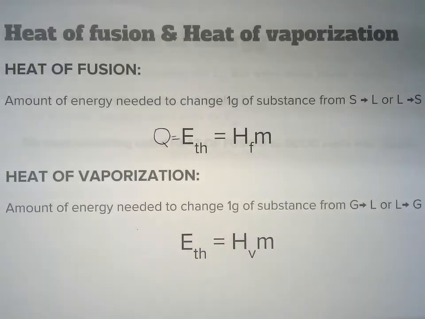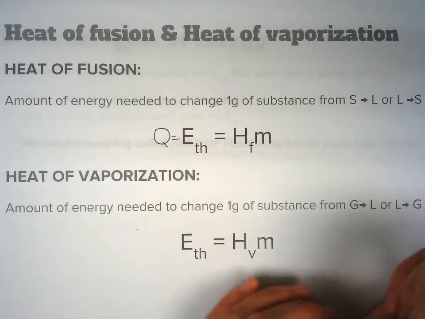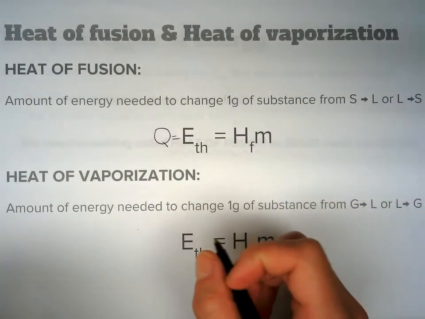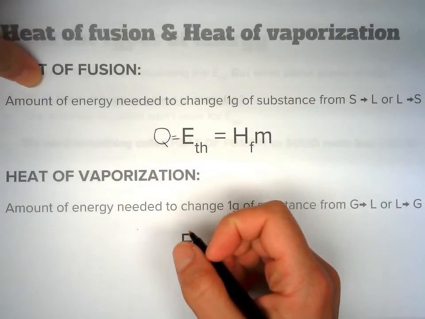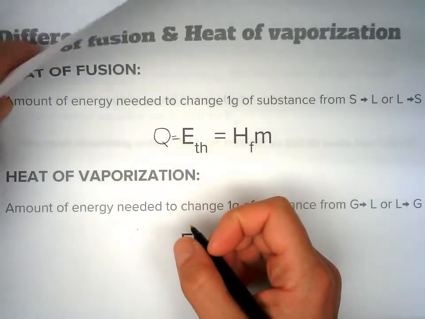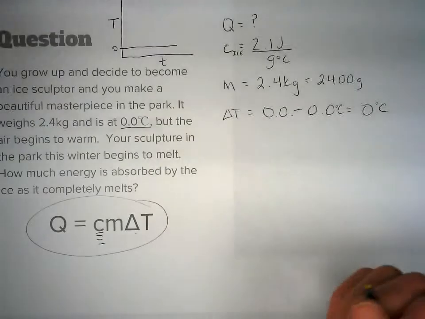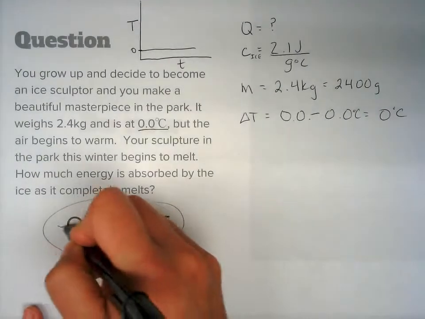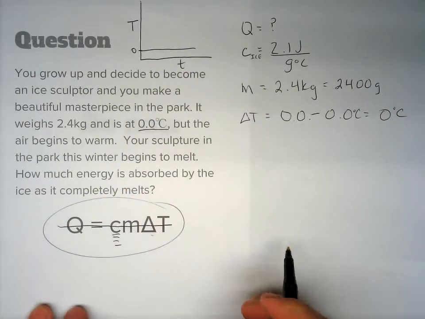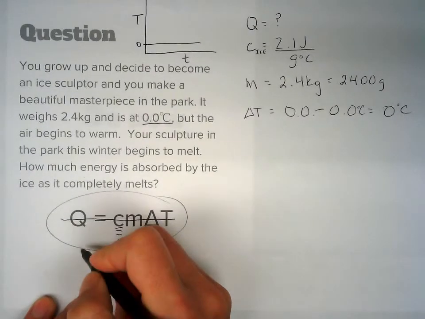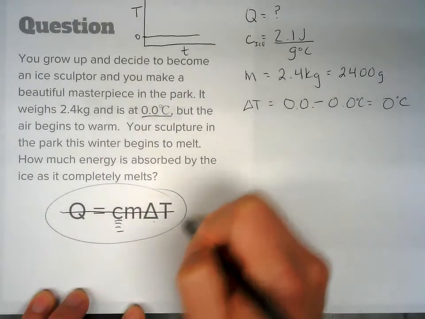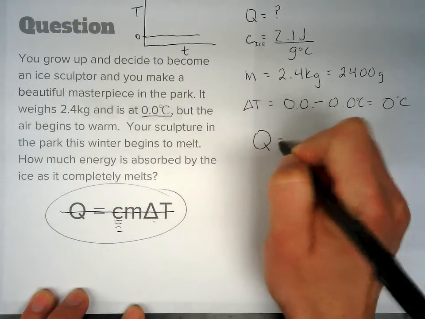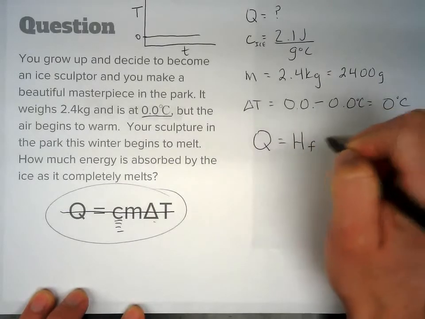So our heat of fusion for water is 334 joules per gram. So let's go back to our previous problem. And we're going to realize we don't want this equation. We want the equation that says Q is equal to, let's write it up here, the heat of fusion times the mass.